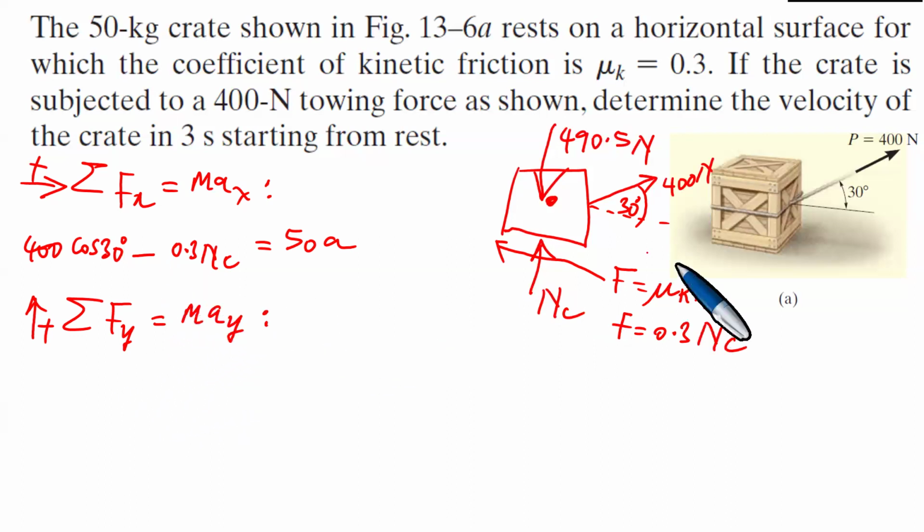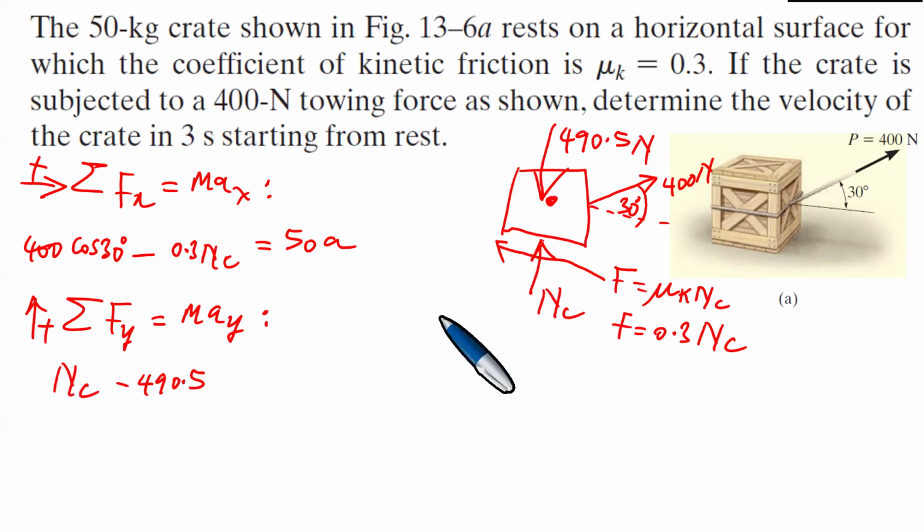At this point we were looking at only the horizontal forces. Now let's look at the vertical forces acting on this block. N c is one of them, a vertical force, but we have minus 490.5, which is a downward force, while the normal is straight up.